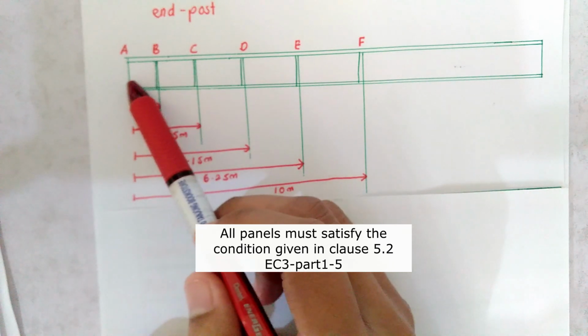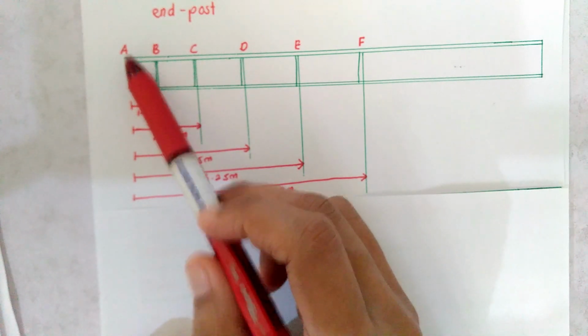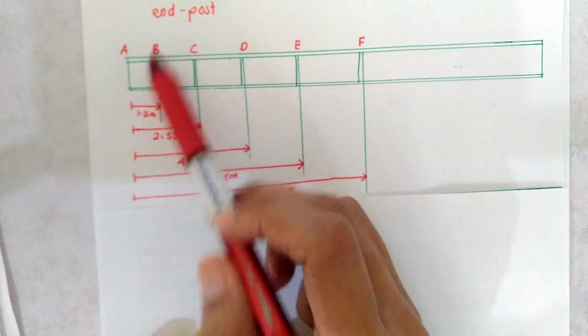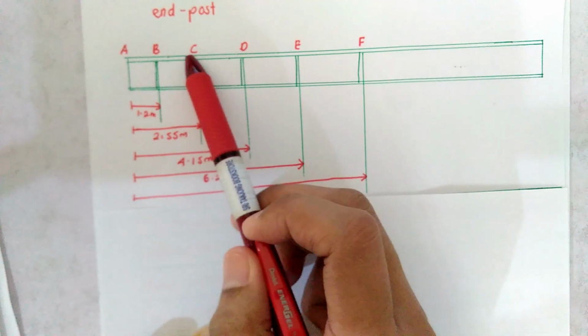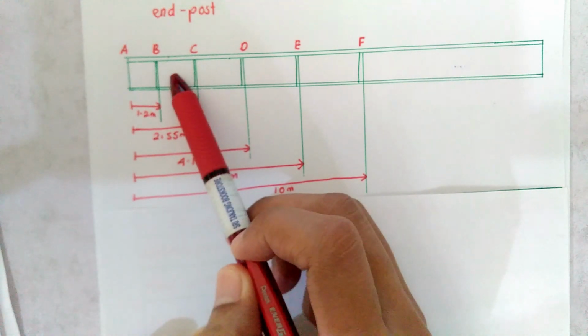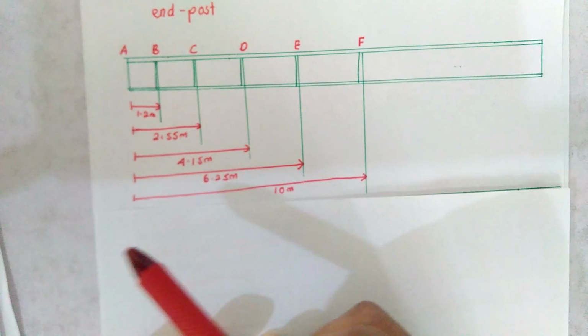What I mean by panels is that the area between A and B is considered as panel AB, the area between B and C is panel BC, and similarly for the other panels.